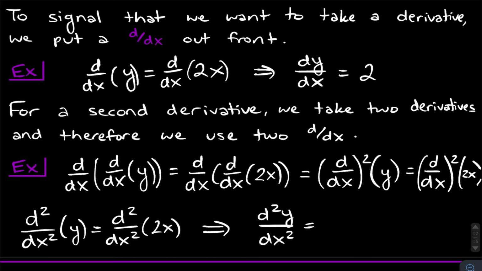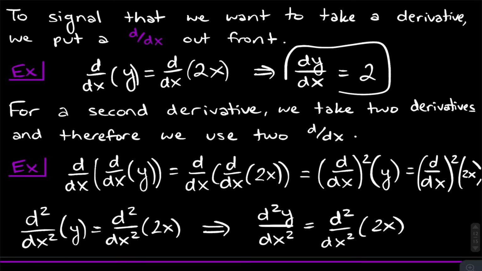And this is equal to a double derivative of 2x. So we have to take two derivatives. Well, let's think about it. We should know what that double derivative is going to be. dy over dx is 2, right? That's the slope of y equals 2x. But what's the slope of y equals 2? That's the derivative of the derivative. y equals 2 is just a straight line.